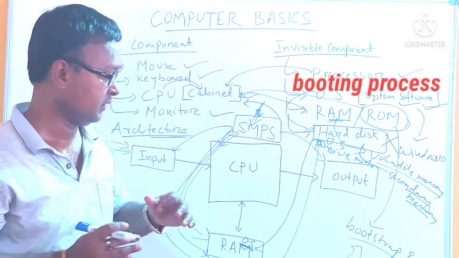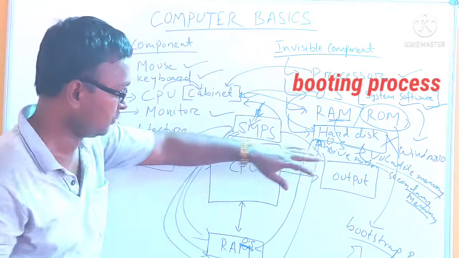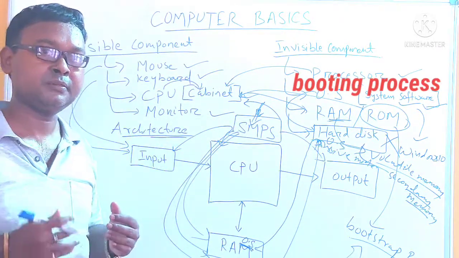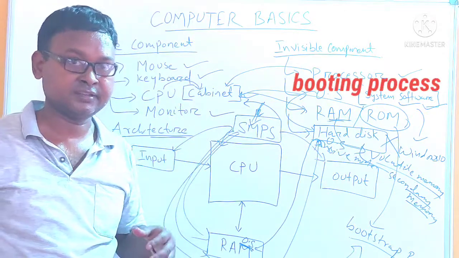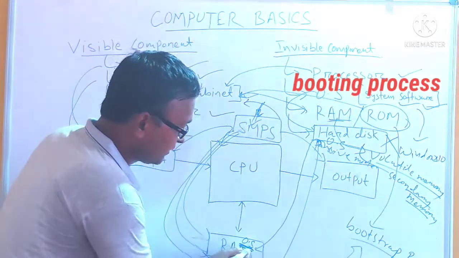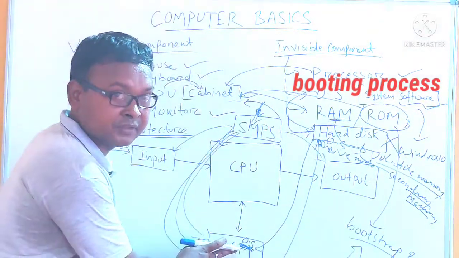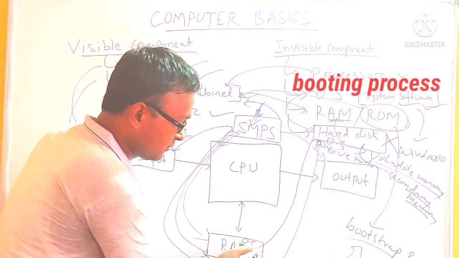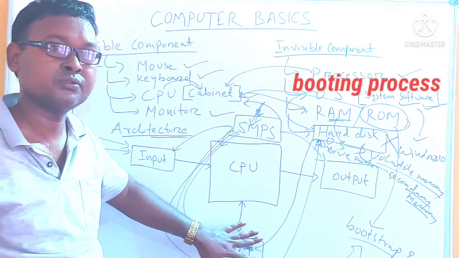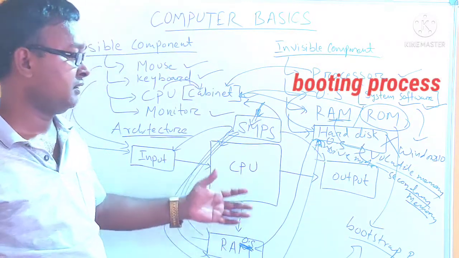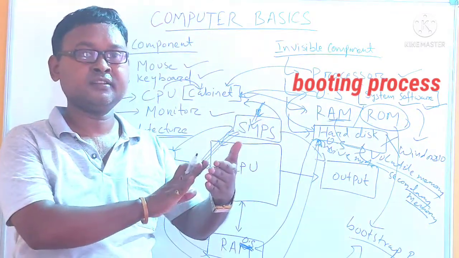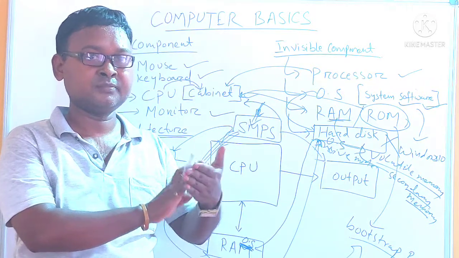So this booting process has to be completed to make your computer system work. Finally the operating system gets installed in your RAM, takes some space in the RAM, and then you get the welcome screen in your monitor.